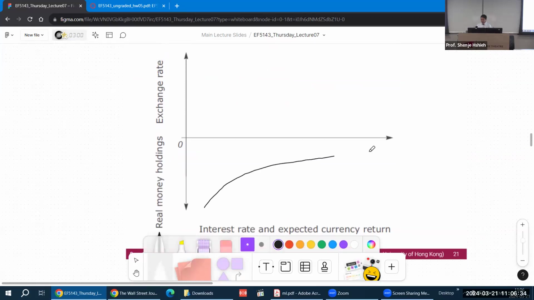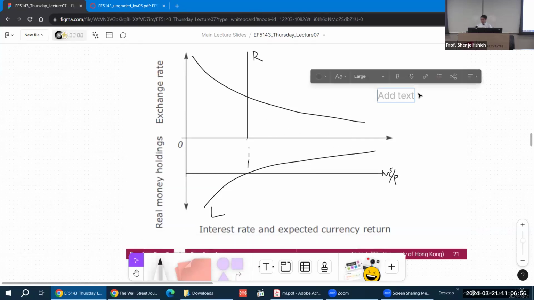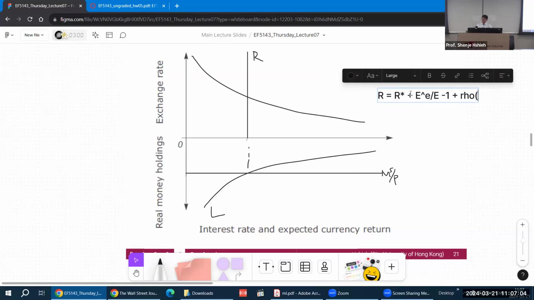So we have the liquidity preference, the real money supply curve. This is MS over P. This is L. And then we have our UIP curve. And as I described earlier, this doesn't change, but because R equals R star plus (E hat minus E) over E, plus rho, and rho is a function of B total minus B CB, right?